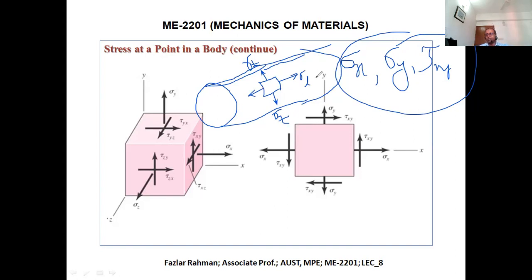Now I told you that during transportation there might be torsional shear stress. Then what will happen? Torsional shear stress will be tau along this direction, right over here, along this direction. Now this system is rotating. To keep it balanced, there will be one along this direction and one along this direction. So this figure is now matching with the earlier one.